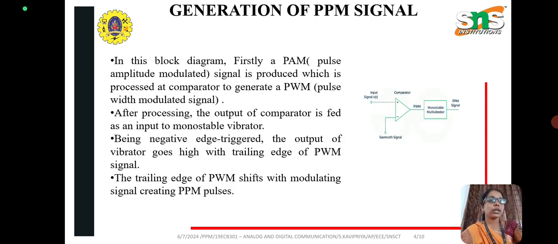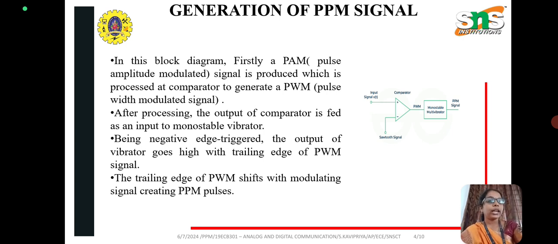First, the generation of the pulse position modulated signal. In the block diagram, first a PAM, pulse amplitude modulated signal is generated, which is processed at the comparator to generate the pulse width modulated signal, PWM. The output of the comparator is then fed as an input to the monostable multivibrator.